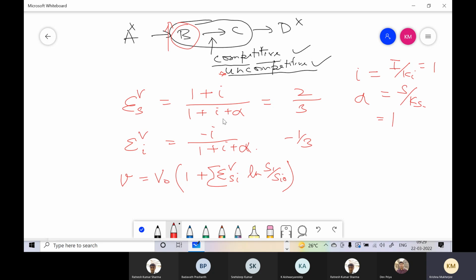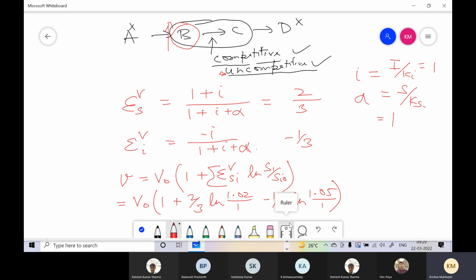And so here it is not Si but I and S. So this is actually nothing but V naught into 1 plus 2 by 3 ln of S increased by 2%, so it's 1.02 upon 1. And this is minus 1 by 3, so minus 1 by 3 ln of 1.05, 5% increase by 1.